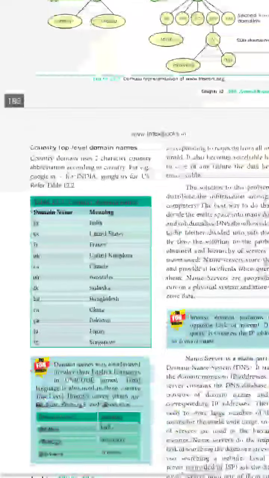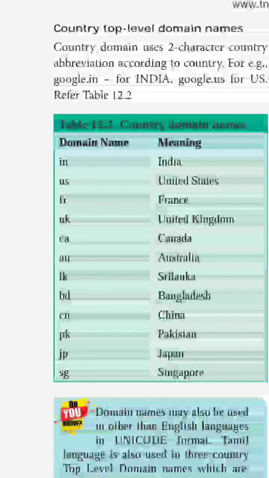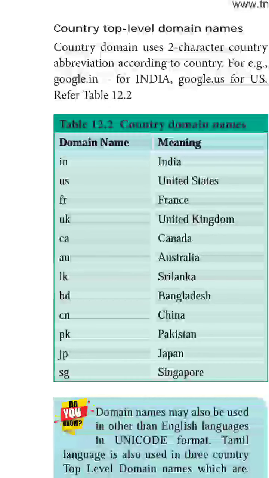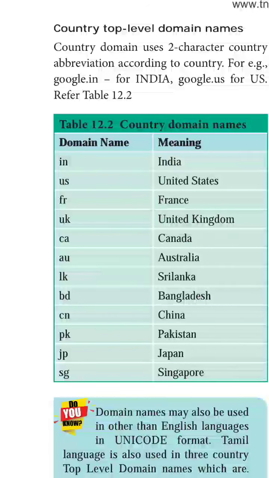Next is country level domain. .in is India, .us means United States, .fr means France, .uk means United Kingdom, .ca is Canada, .au means Australia, .lk means Sri Lanka, .bd is Bangladesh, .cn is China, .pk for Pakistan, .jp for Japan, and .sg for Singapore.